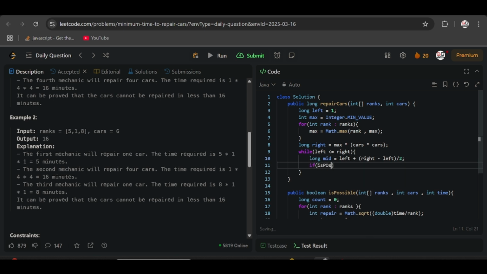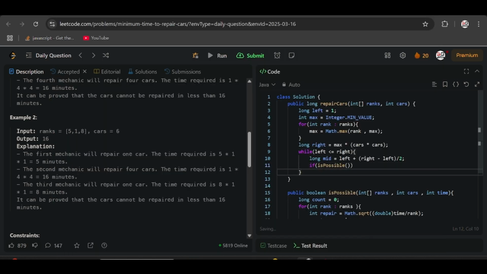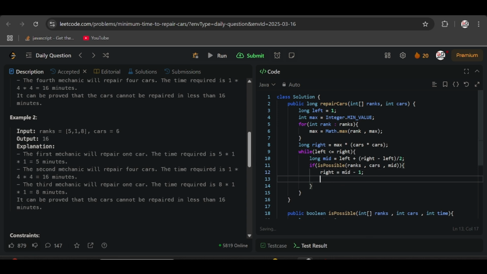If it is a possible solution, do one thing. First of all, let's pass all these variables. If it's possible, then put right equal to mid minus 1.